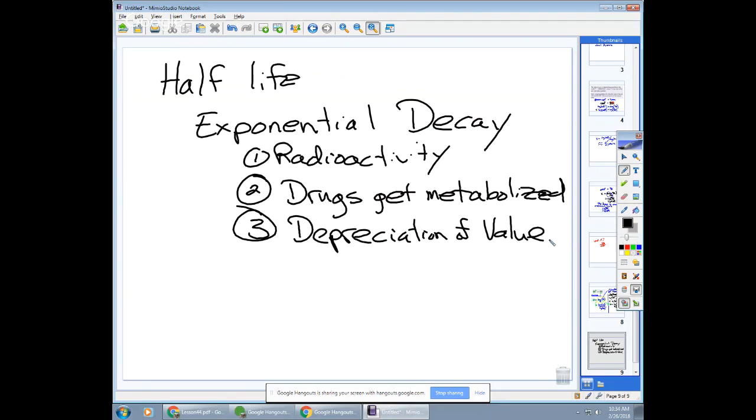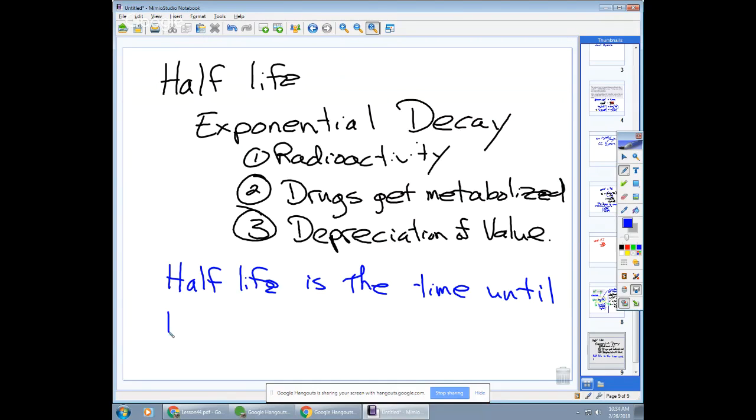So they occur in these situations and many more, but half-life is just the time until some value is half of what it was.